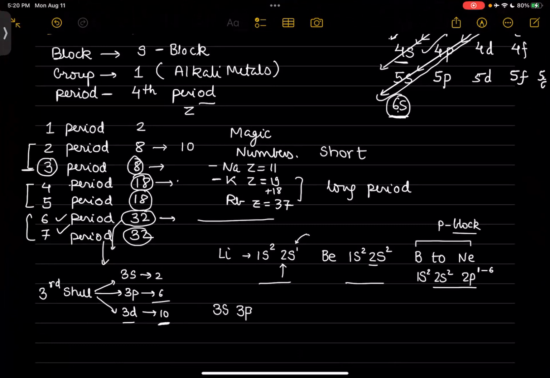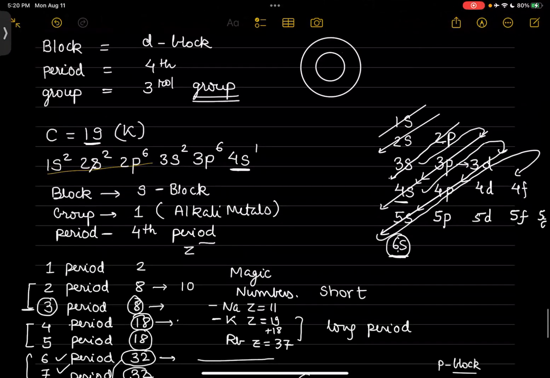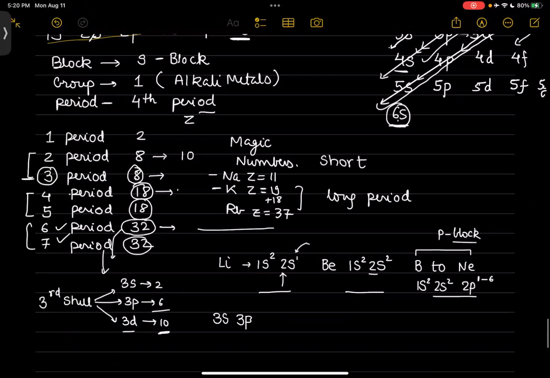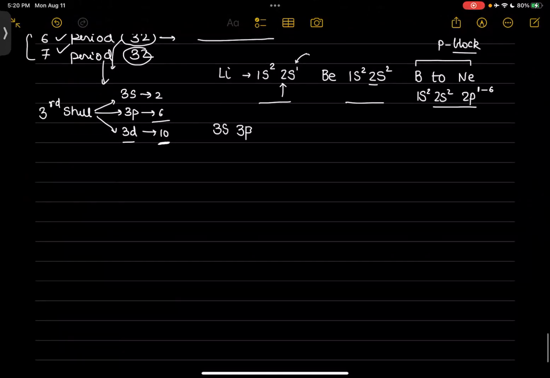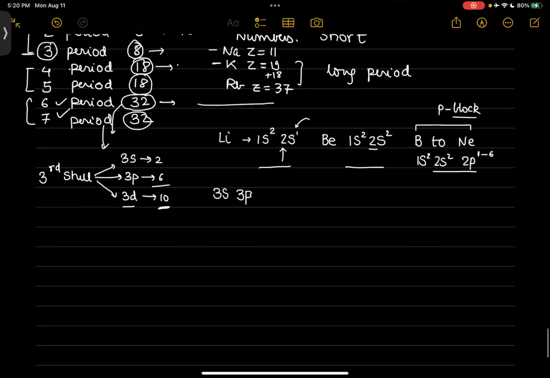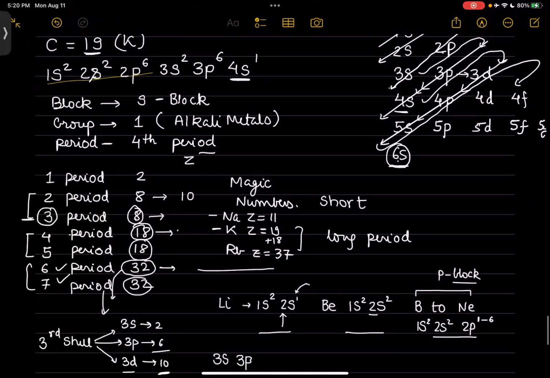How many elements? 10 plus 8, 18 elements. Like that, you can write the order of the subshells and the number of elements which are being filled in each period. So I hope this is clear to you. Got it? Yes, sir.